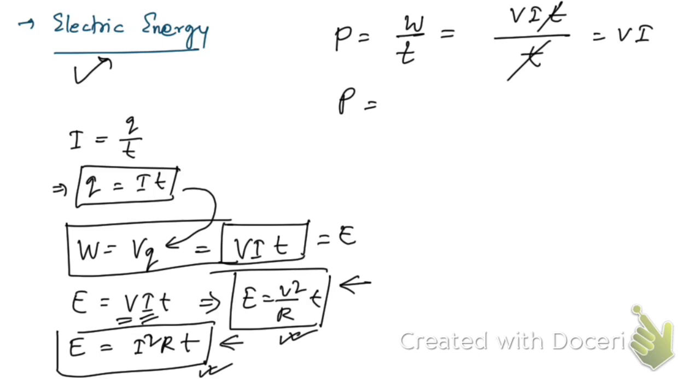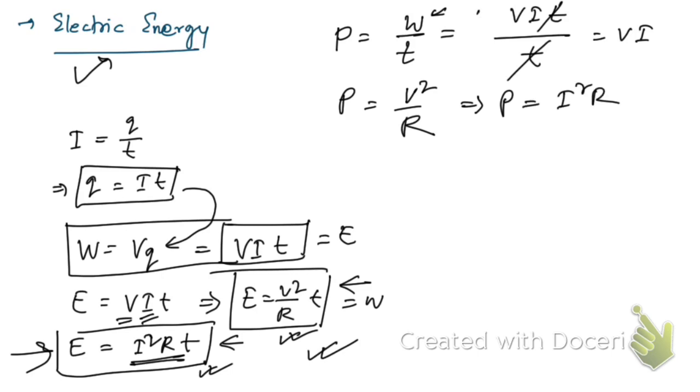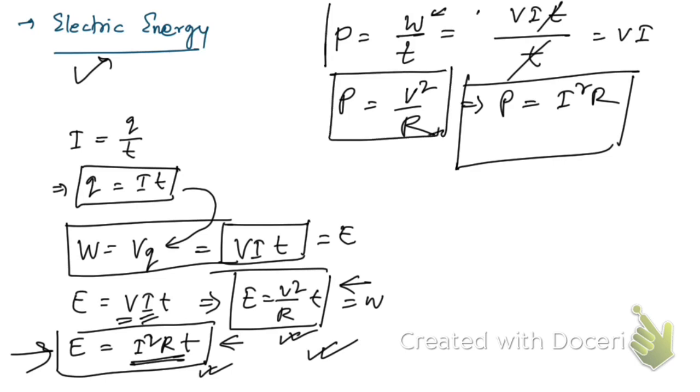If you use these forms, you can replace W by V square by R into t, and then you will get P is equal to V square by R. If you use I square R into t, then you will get P is equal to I square into R. So these are different forms of the relations for power. Hope you have understood this.